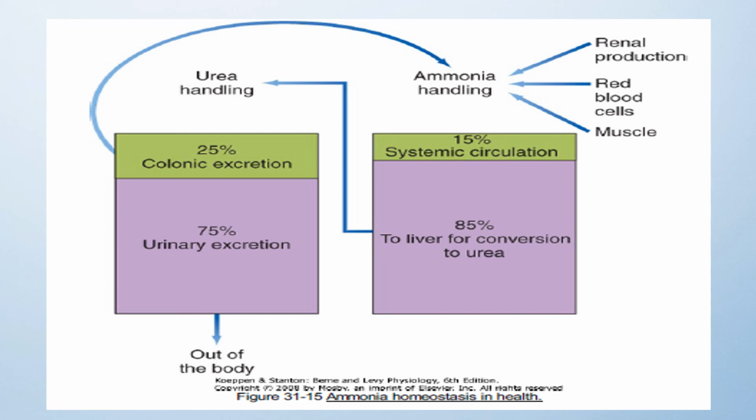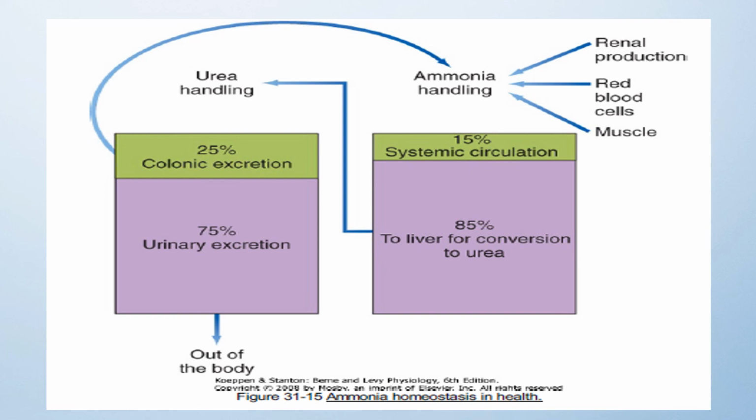So here in figure 31-15, which represents ammonia homeostasis in health, the majority of ammonia excretion is through the kidneys, and 25% is excreted via the alimentary tract.